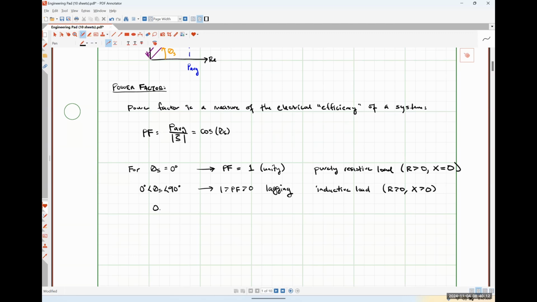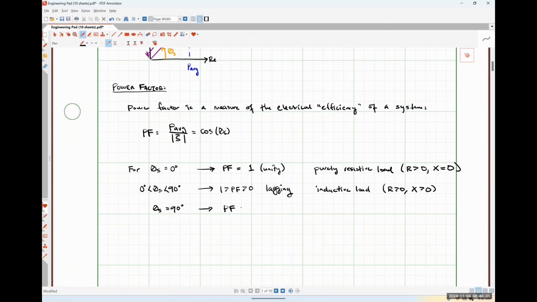When theta s is exactly equal to 90 degrees, what's our power factor? What's cosine of 90? 0. Yep.